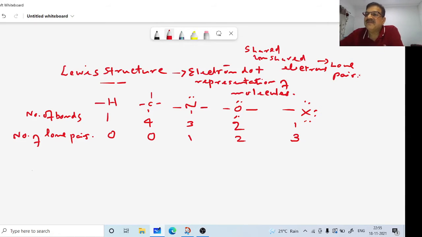Now, after having discussed this issue, there should be a procedure for drawing the Lewis structure. How to draw a Lewis structure? We have 3-4 steps here.